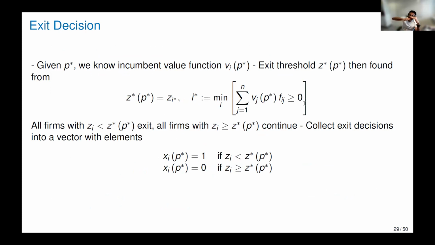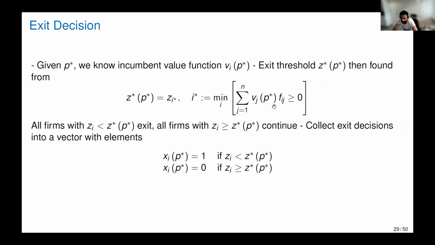We know that the continuation value is increasing in the productivity of the firm. So you need to find the minimum level of productivity above which everybody has a positive continuation value. That pins down the Z star numerically.